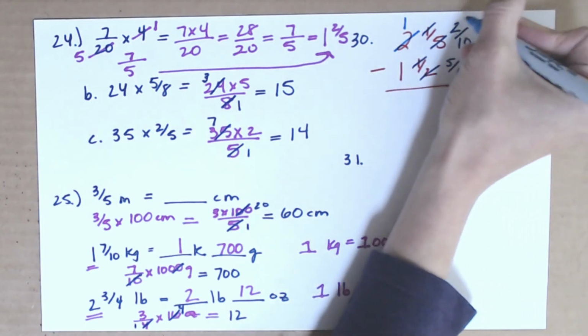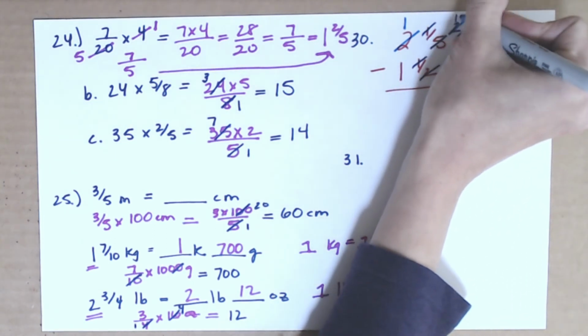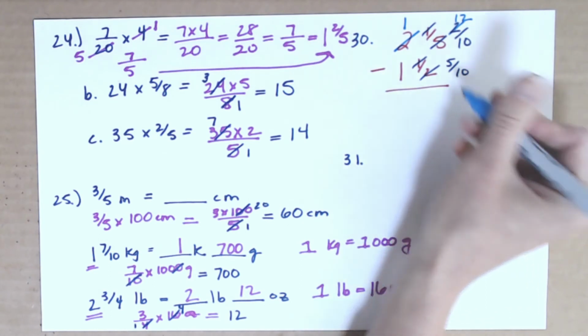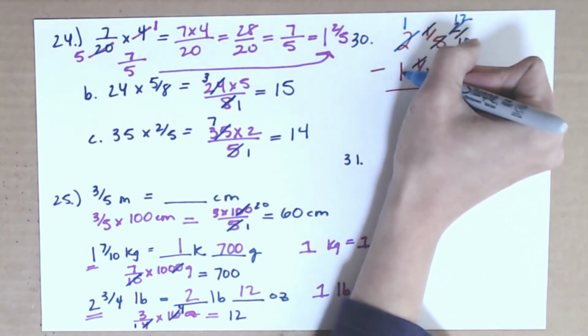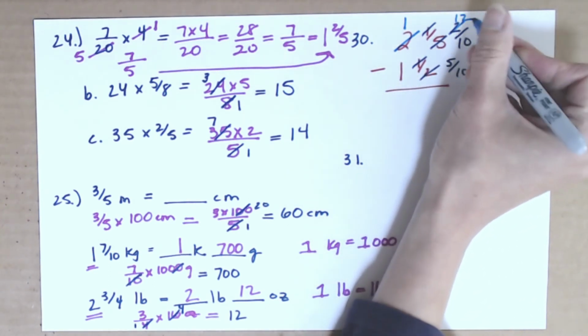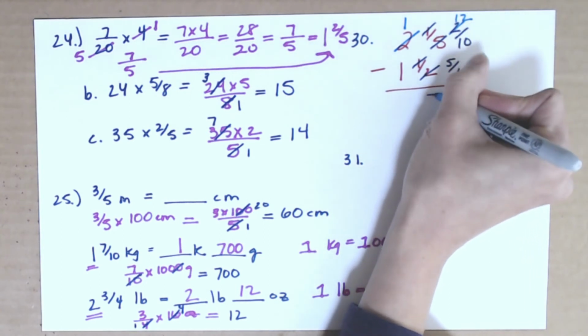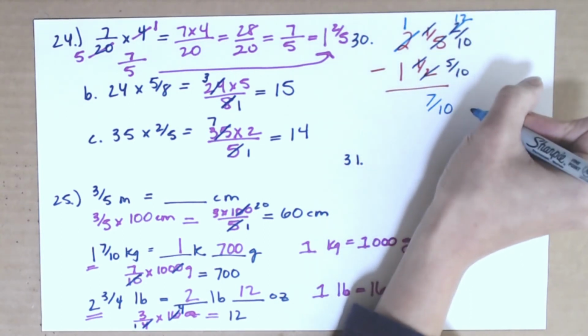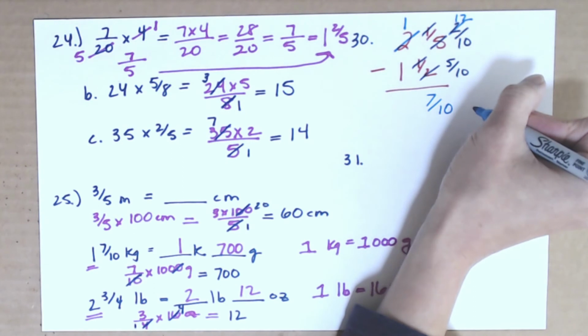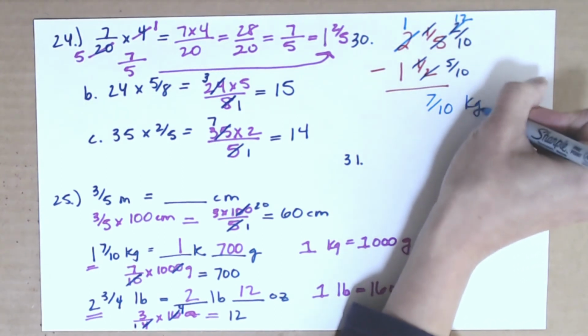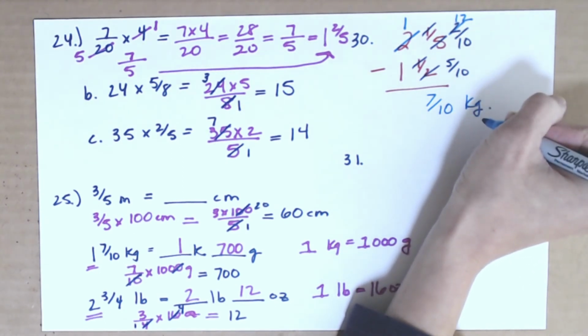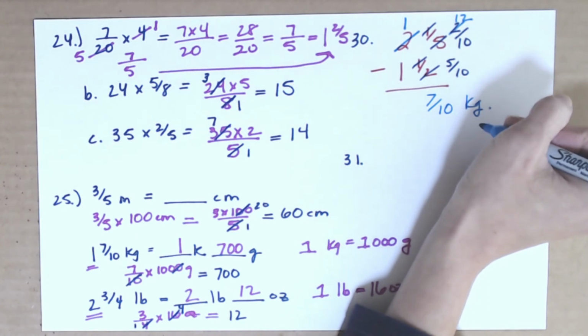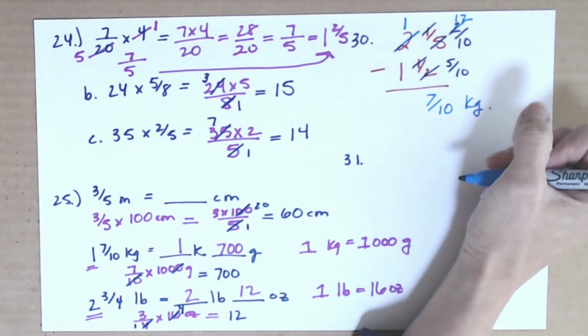So we add the 10/10 to the 2/10 and we get 12/10. So we end up with 1 minus 1, which is 0, and then 12/10 minus 5/10, which is 7/10. And what are we doing? Kilograms. So the potatoes weigh 7/10 kilograms more than the carrots.